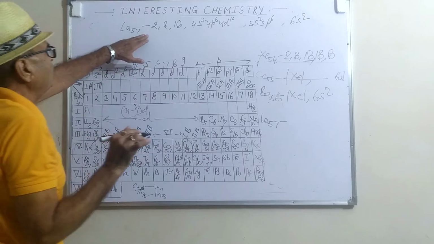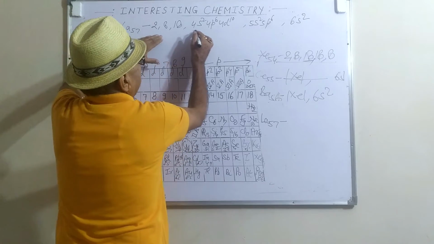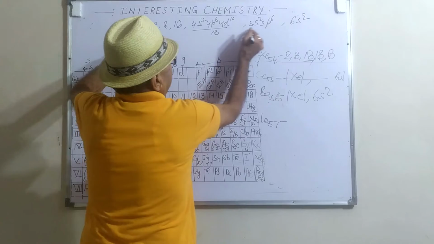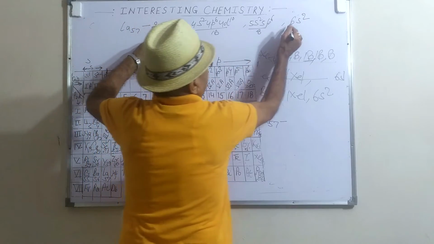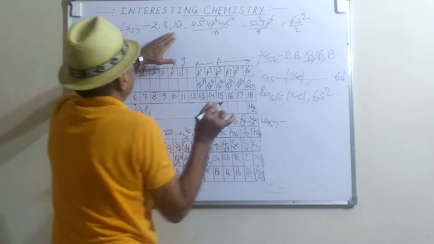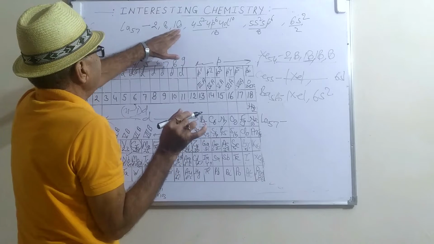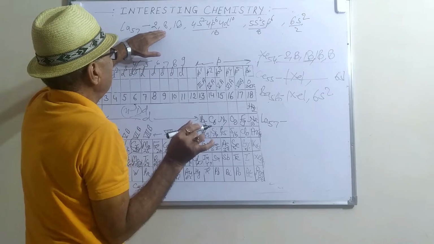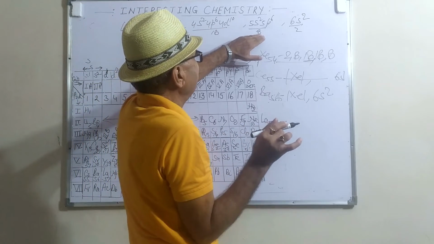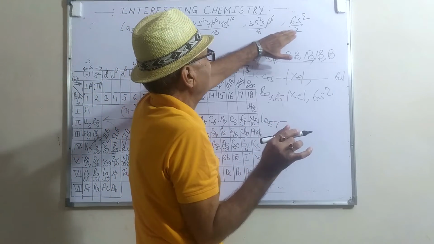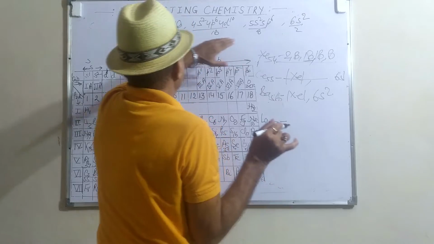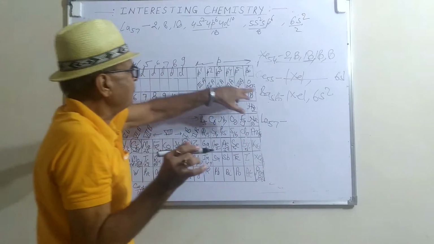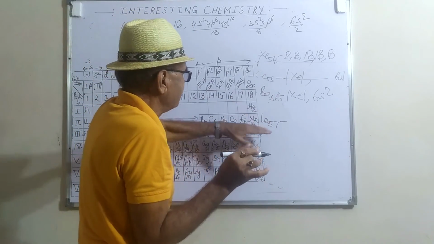This is the total: 2, 8, 18, 18, 8 and 2. So the total will be 18, 18 is 36, plus 10 is 46, plus 8 is 54, plus 2 is 56. This is the electronic configuration of barium 56.